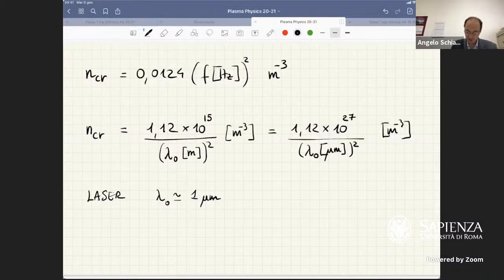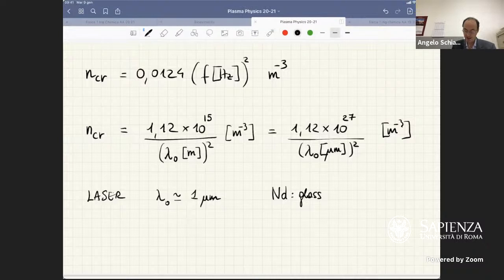So let's take, for example, the neodymium glass laser, which is a kind of high power laser where neodymium rods, like large cylinders of glass doped with neodymium, are used as the amplifying medium for the laser phenomenon, so light amplification.